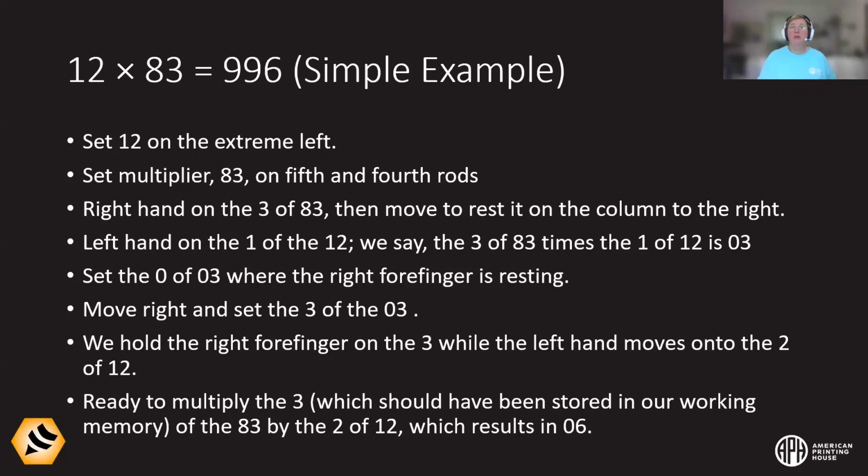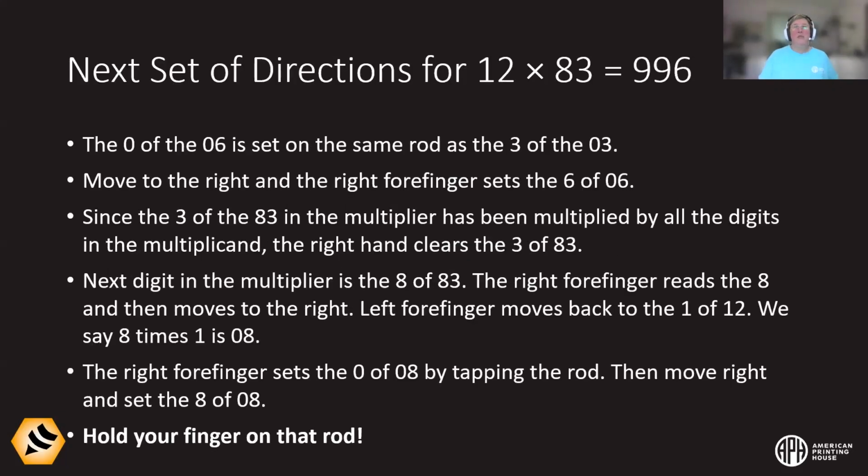We multiply the 3 by the 2 of the 12. 3 times 2 is 0, 6. Where your finger is, you set the 0 of the 6, kind of tap it, and then move to the right and set the 6. That 6 is going to be set on the same rod as the 3 of the 0, 3.